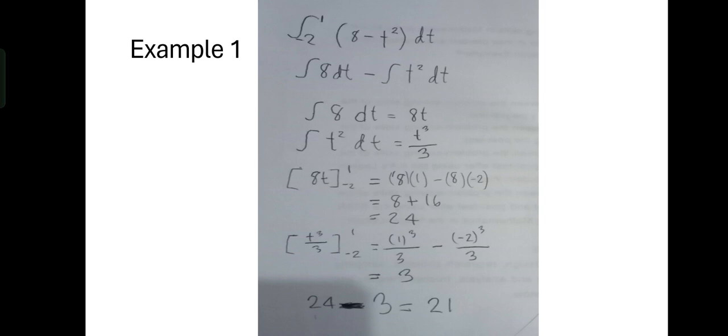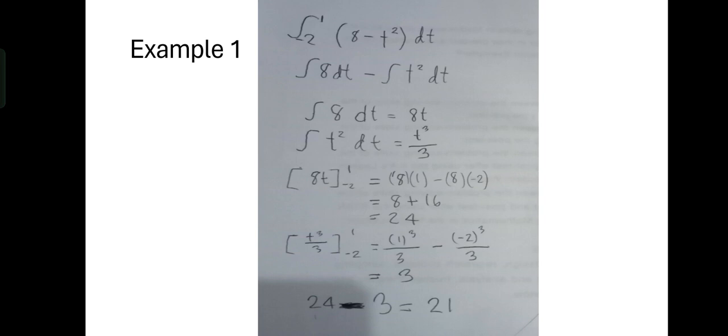So the next step is to find the integral of each part. The integral of 8 with respect to t is 8t, and the integral of t squared with respect to t, by using the power rule of integration, is equal to t cubed over 3.